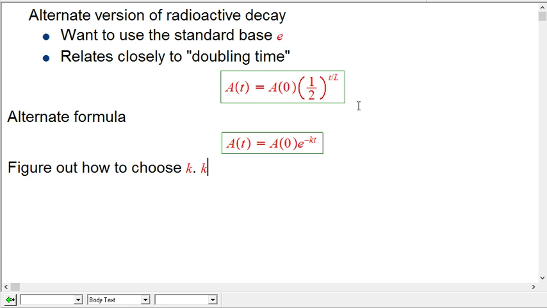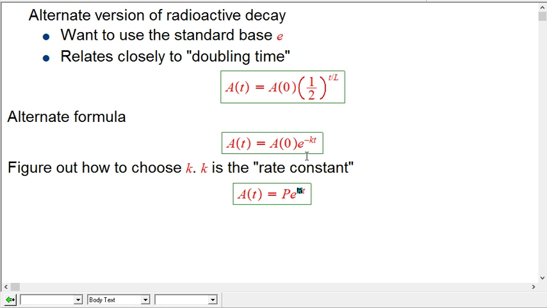So k is the rate constant. You might notice that this is very similar to the Pert formula. That's for something that's growing, but it still has in the same slot the multiplier of t, and that, of course, was the interest rate.